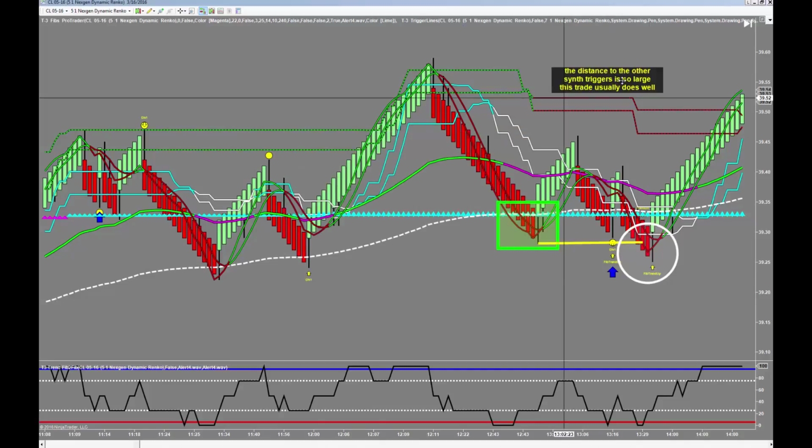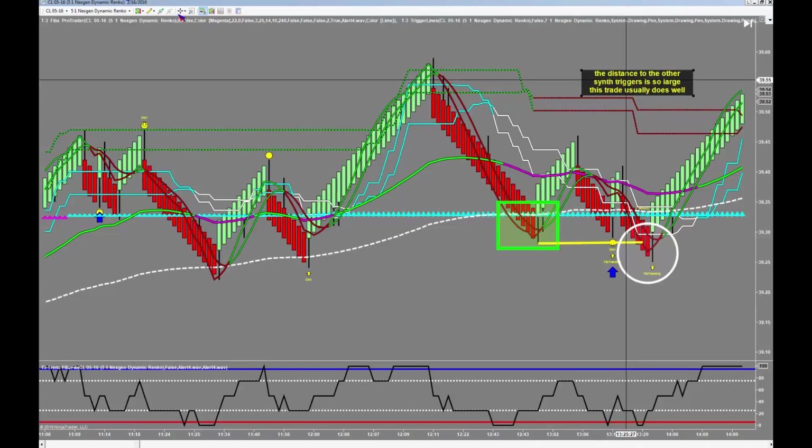If it's your first day in class, you're probably going, what the heck does that mean? Distance to the synthetic triggers. If you've been in class for more than 3 or 4 days, you've heard me talk about this 27 times, right? The distance to the synthetic triggers is so large, it usually creates a nice little tension, I guess is the best way to put it.